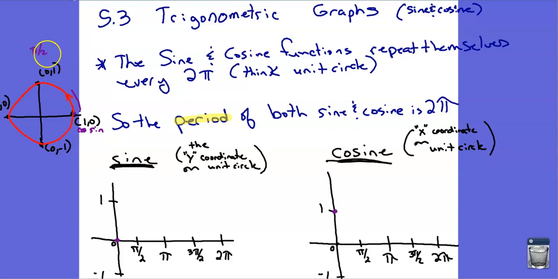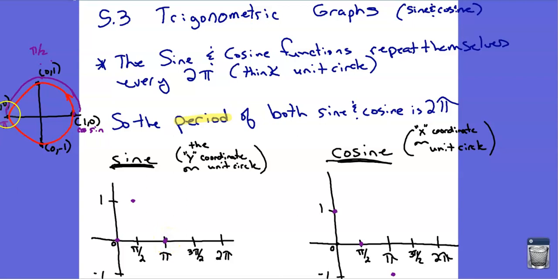At pi over 2, cosine is at 0 and sine is at 1. Remember, cosine, sine. As I continue traveling around the unit circle, I have -1, 0 at pi. So at pi radians, the cosine is at -1, and sine is back at 0.